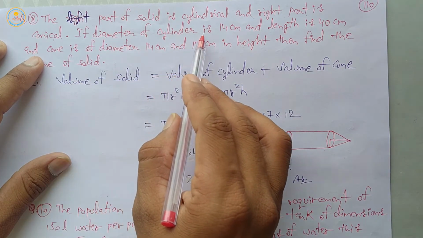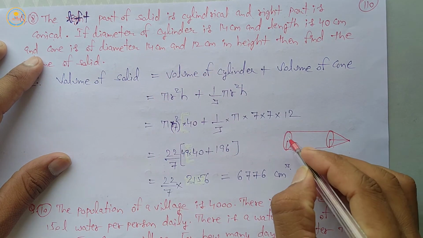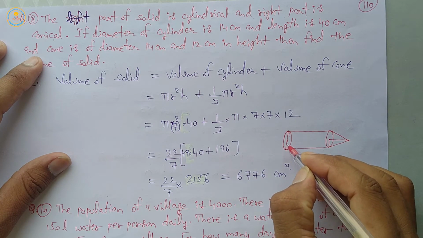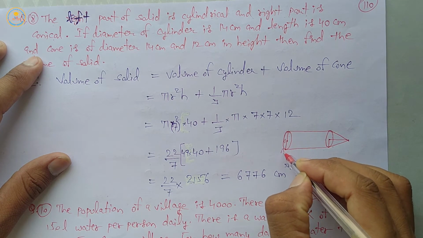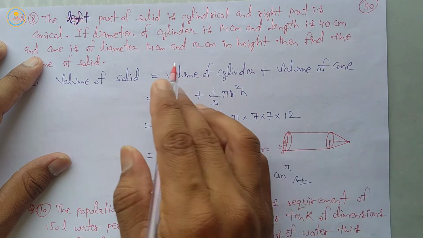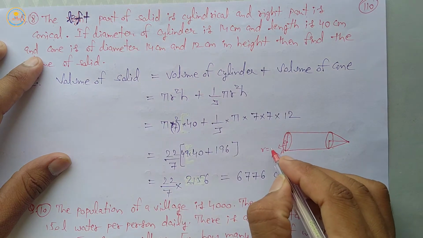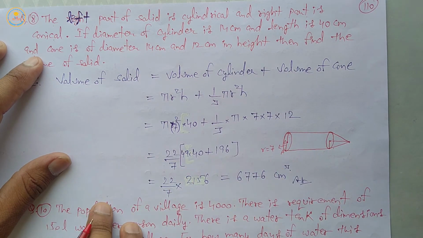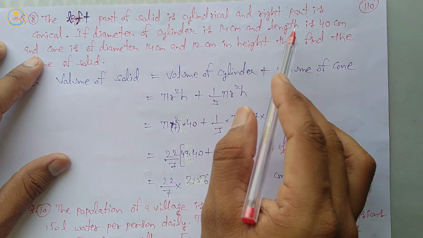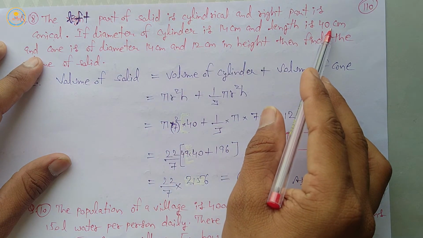If diameter of cylinder is 14, diameter of cylinder means this part is given, this part is 14, so OA means radius R equal 14 divided by 2, which is 7.